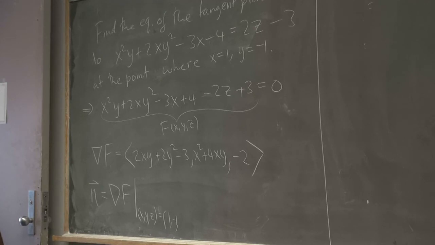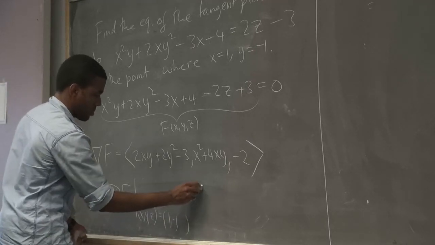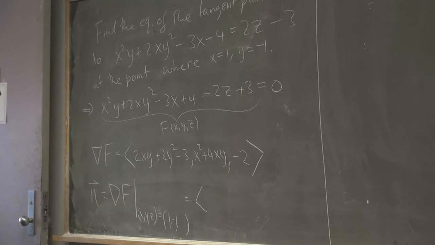Wait, hold on, there's more. 2 over 5? I got 2 over 5. 2 over 7.